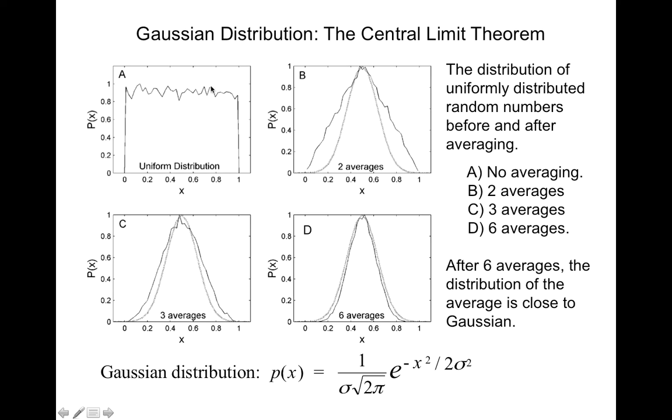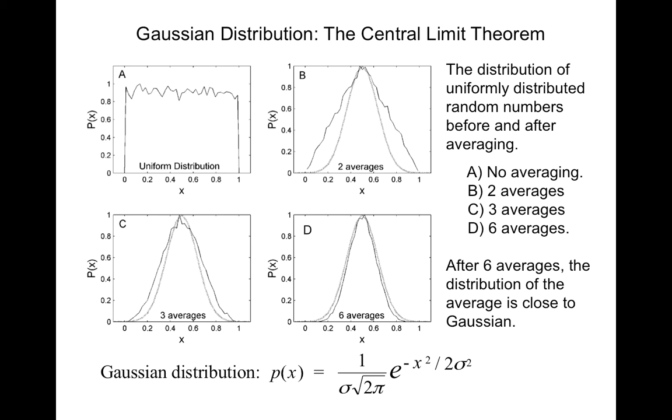This is called a uniform distribution because any number between 0 and 1 has roughly an equal probability. And this is just one random number generation. After one random number generation, if we were to plot the random numbers as opposed to their values between 0 and 1, it might look something like this.